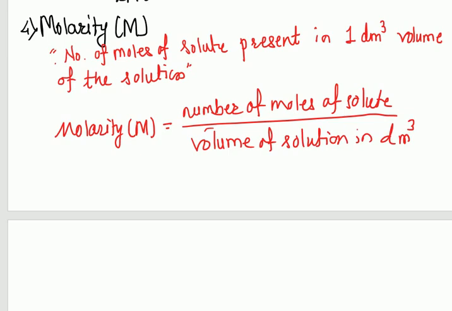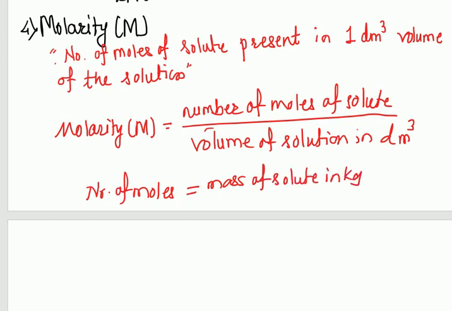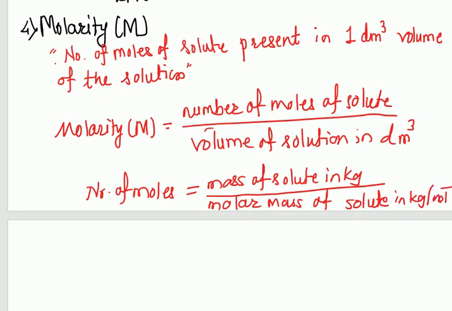And what does number of moles mean? If we have to calculate the number of moles, the number of moles of any solute is equal to the mass of solute in kilogram upon the molar mass of solute, that is, its molecular weight in kilogram per mole.